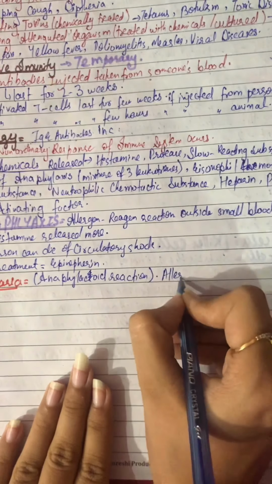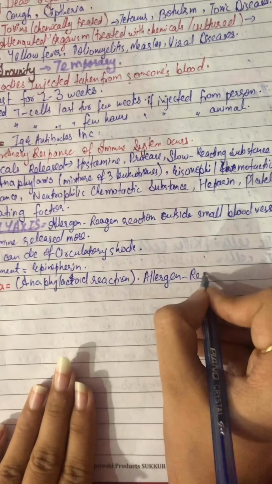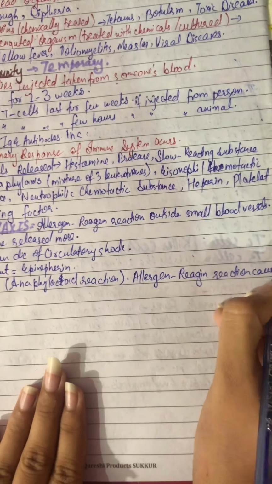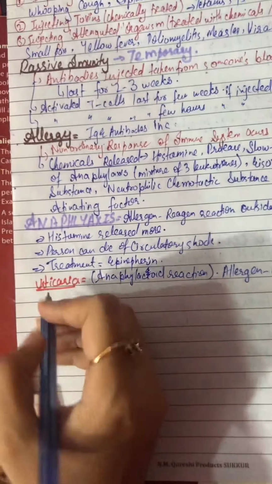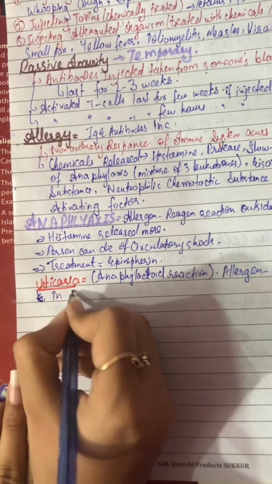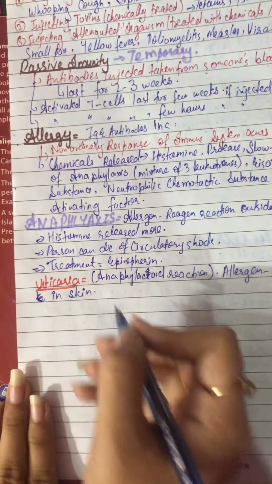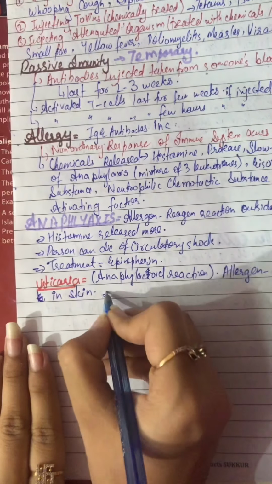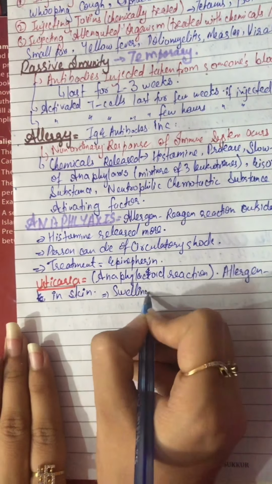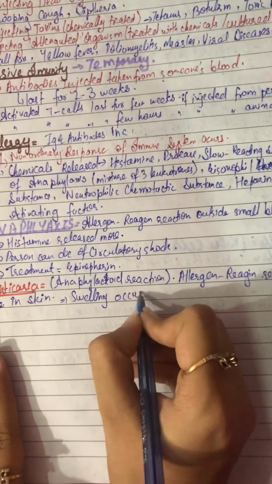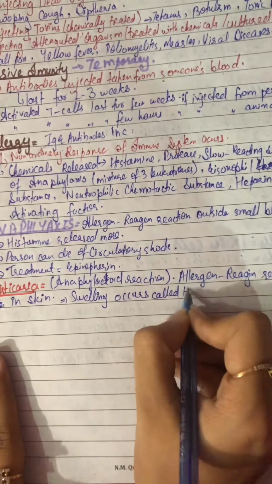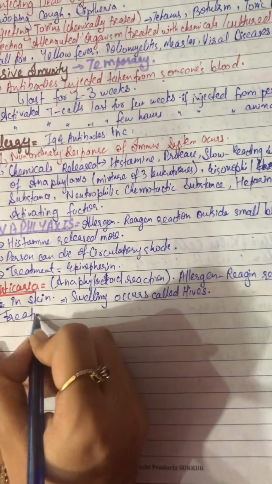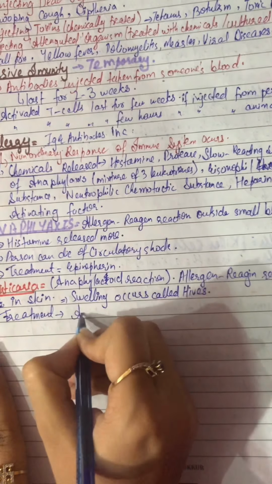So the allergen reagent reaction is caused in skin. The swelling occurs, and this swelling is called hives. Treatment is antihistamine.